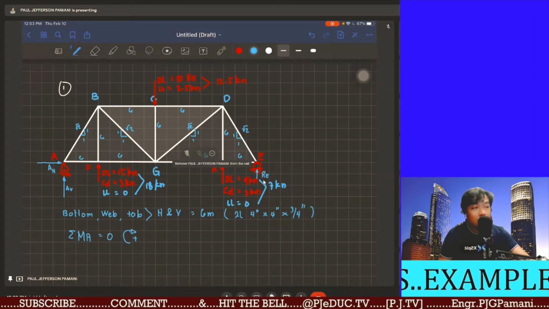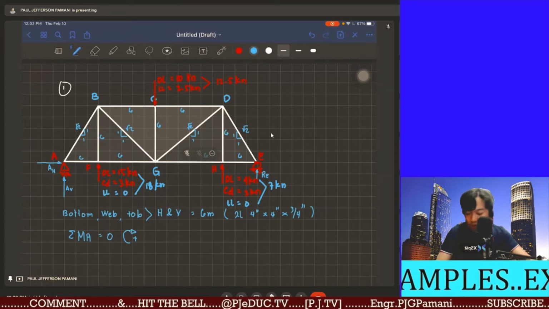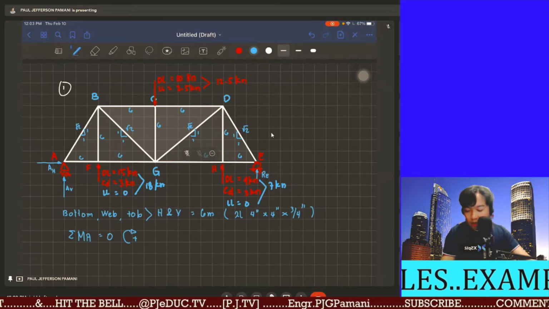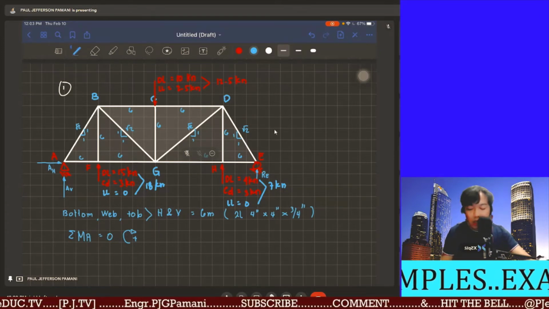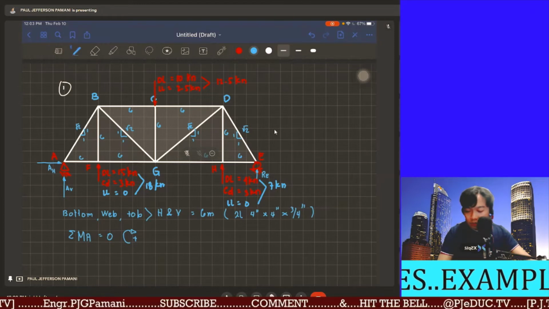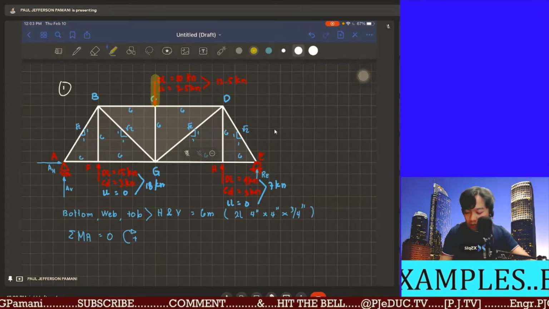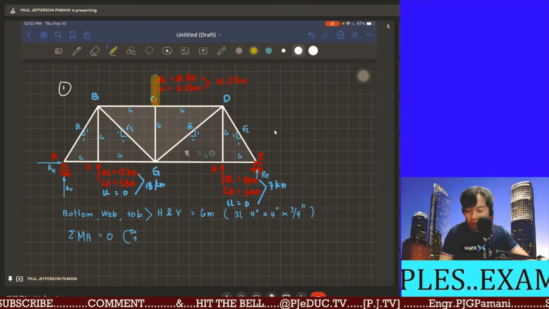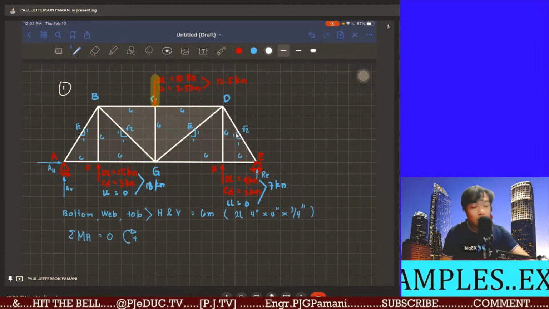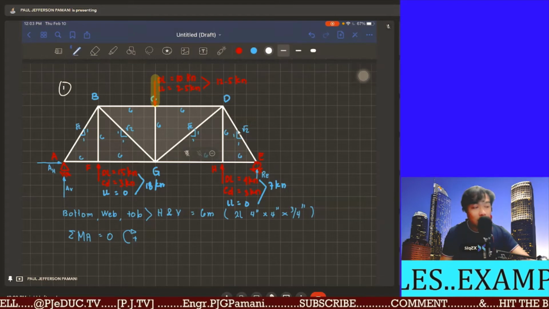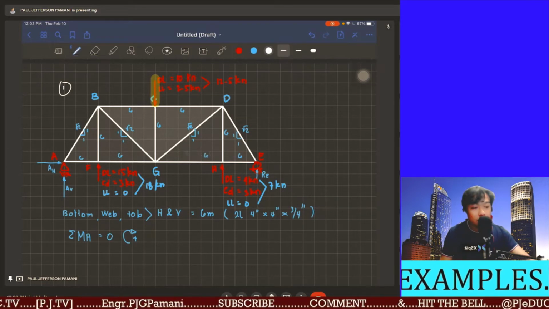Then the reaction at joint E. Okay, moment of the load found at joint C towards joint A. Gaano kalayo ito papunta kay joint A? Horizontally. 12, sir. 12.